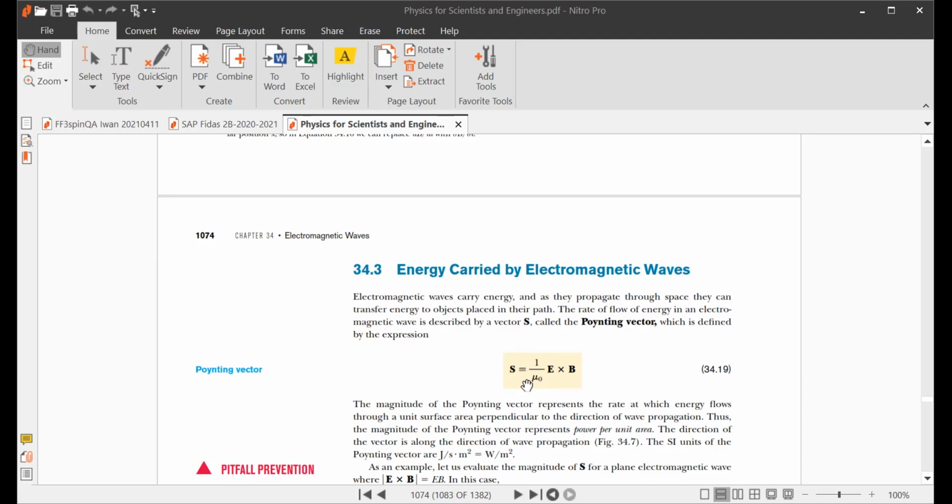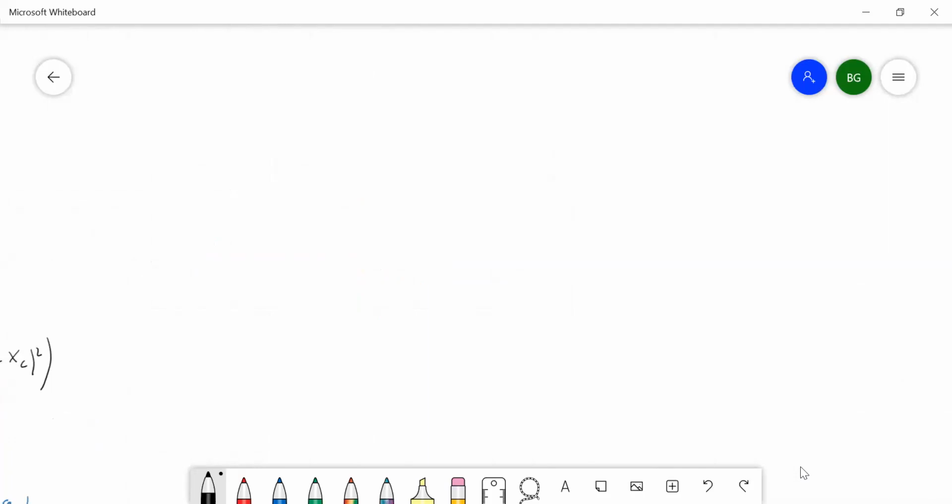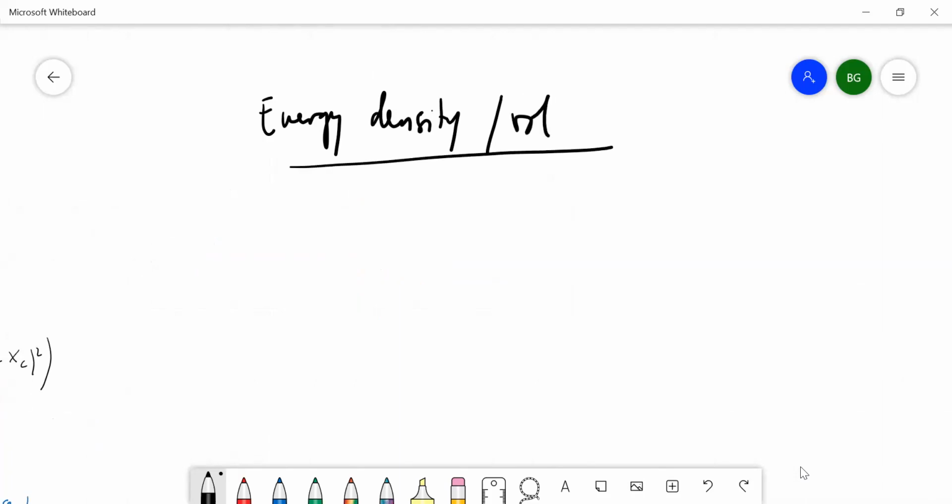This S here equals 1 over mu 0 E cross B. So as I have already mentioned before, I think, the energy density per volume, we call it little u, is equal to epsilon 0 over 2 E squared plus 1 over 2 mu 0 B squared.